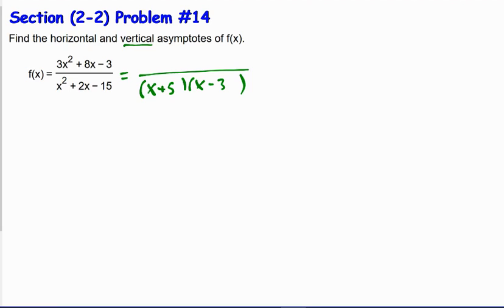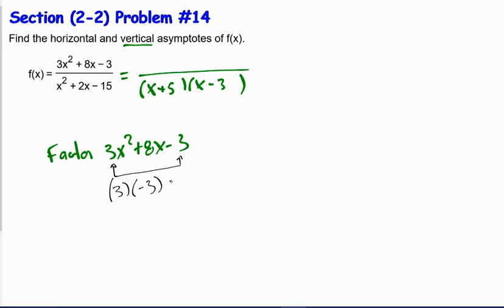So we need to factor 3x squared plus 8x minus 3. And this is an example where the lead coefficient is not 1. So we multiply 3 and negative 3, and we ask what are the factors of negative 9 that add up to equal the coefficient of the linear term, which is 8.